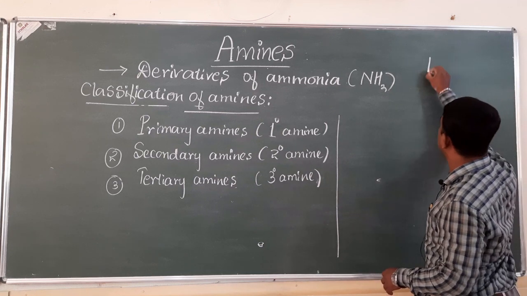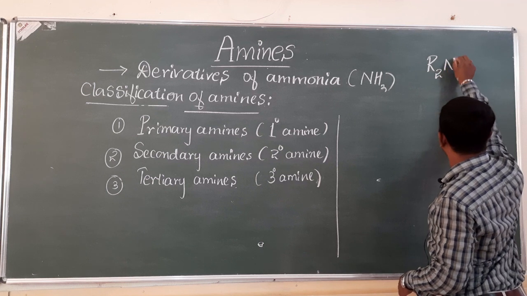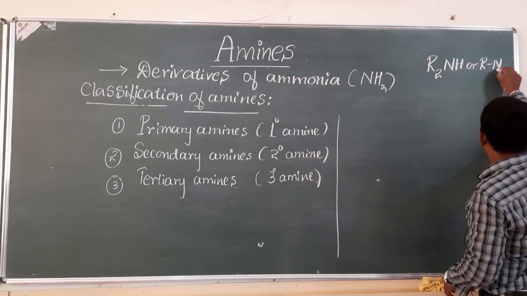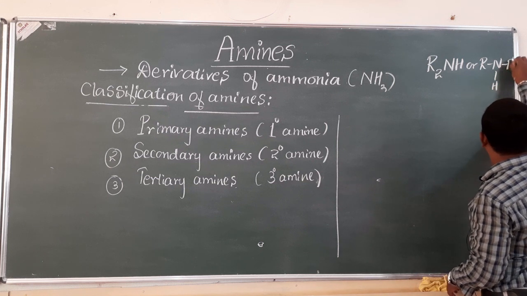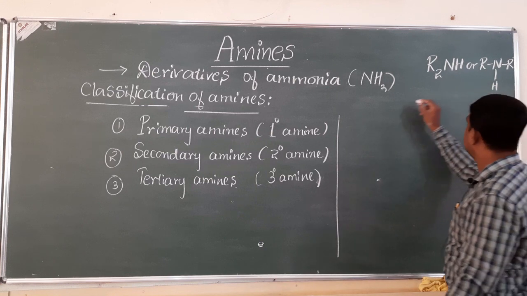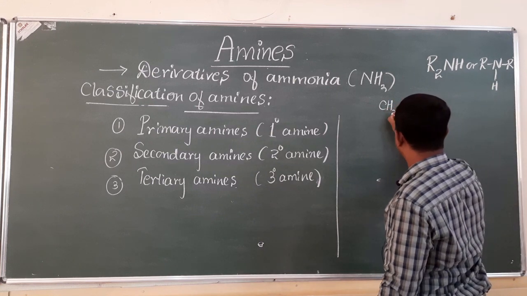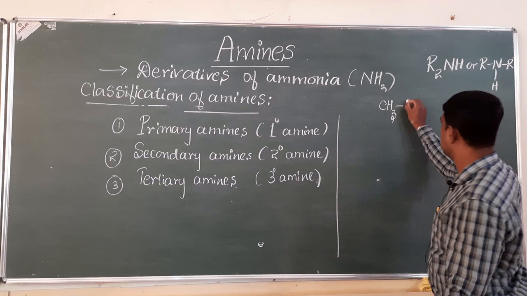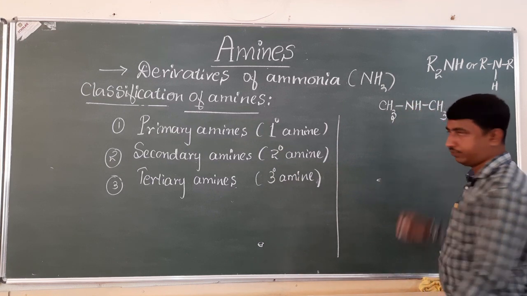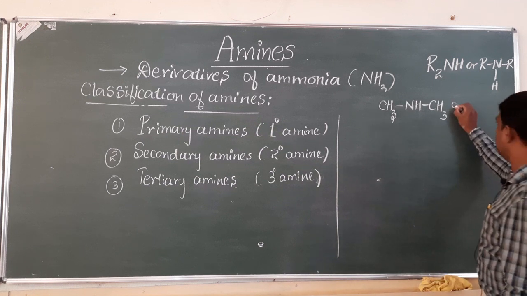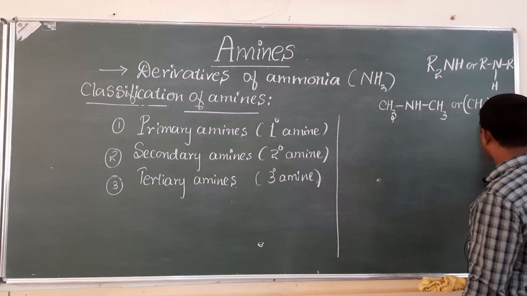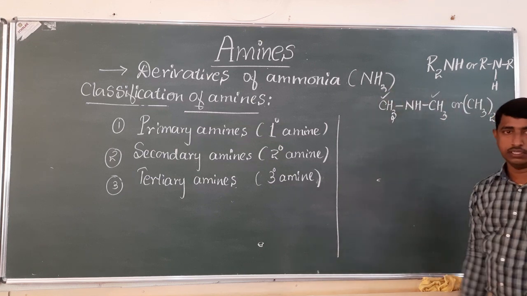The general formula of secondary amine is R2NH or RNHR. I will write some examples. In the place of R, I can write CH3: CH3NHCH3, or I can write it as (CH3)2NH. There are two identical alkyl groups.